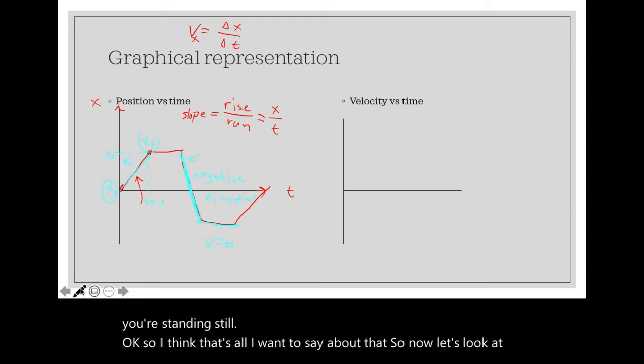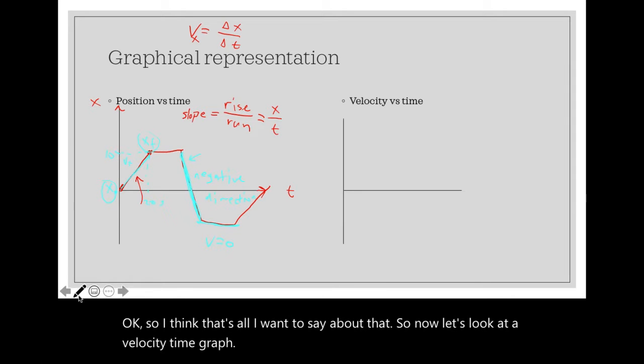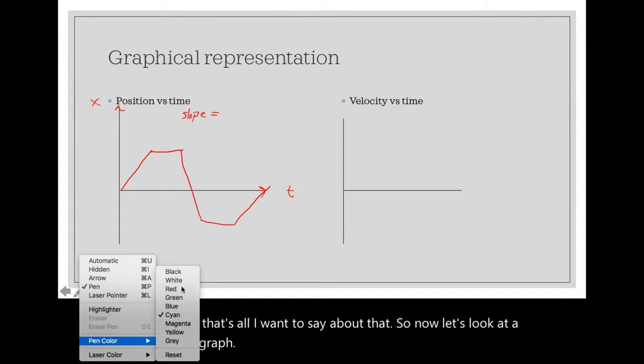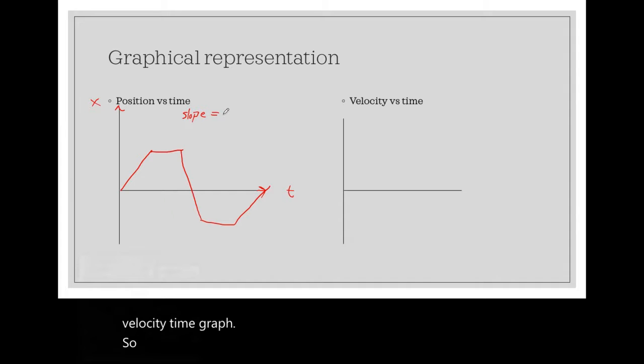So now let's look at a velocity time graph. The slope of this position time graph is velocity.